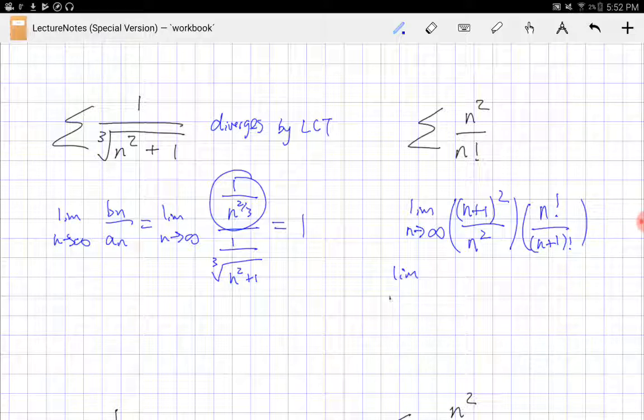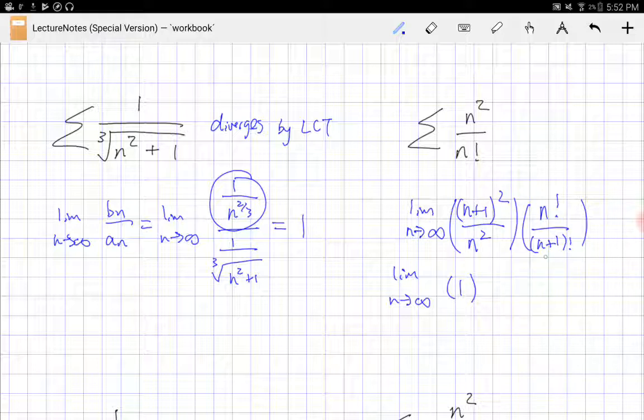This reduces to the limit as n goes to infinity of n plus 1 squared over n squared, which is equal to 1 for large values of n, because as n gets very large, the plus 1 becomes less and less relevant. This is equal to 1.